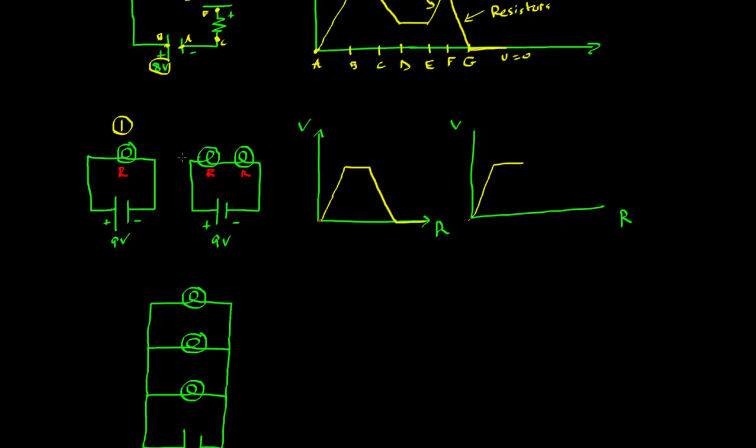Now, when it goes across this bulb, it can't lose everything, because it still needs to go across another one. And since these are the same resistor, then it's only going to lose half. So it would lose half of the voltage, go to the new bulb, and then the other bulb would take it away. So what's the net effect here? This one is very bright, and these will be about half as bright. So not as bright.